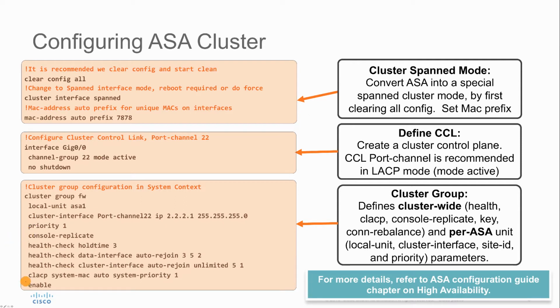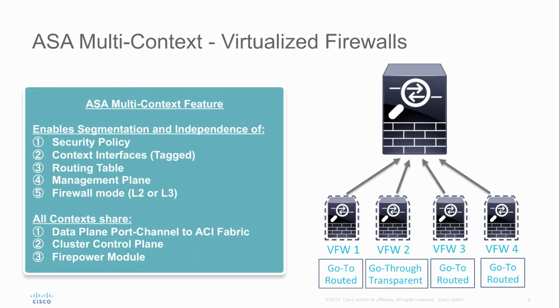And we have the rest of the CLI that basically is replicated between all the units from the master, and enable actually turns on the cluster and tries to sync into the cluster that's already there. You can get more details on all the CLI in the ASA Configuration Guide, the chapter on high availability.